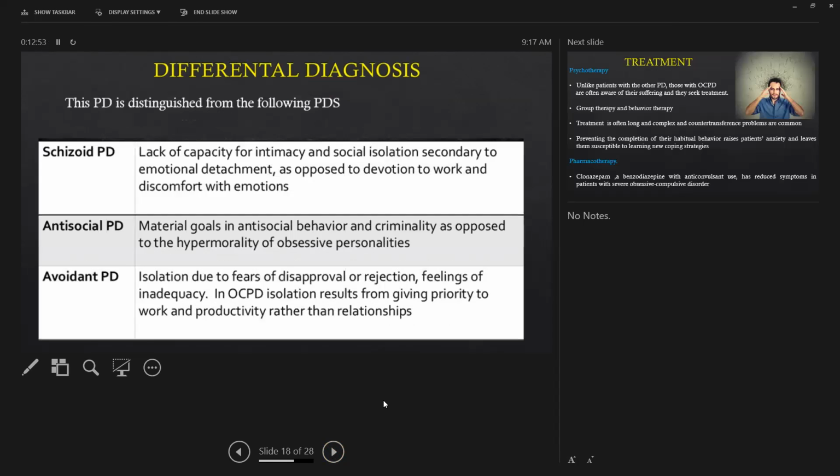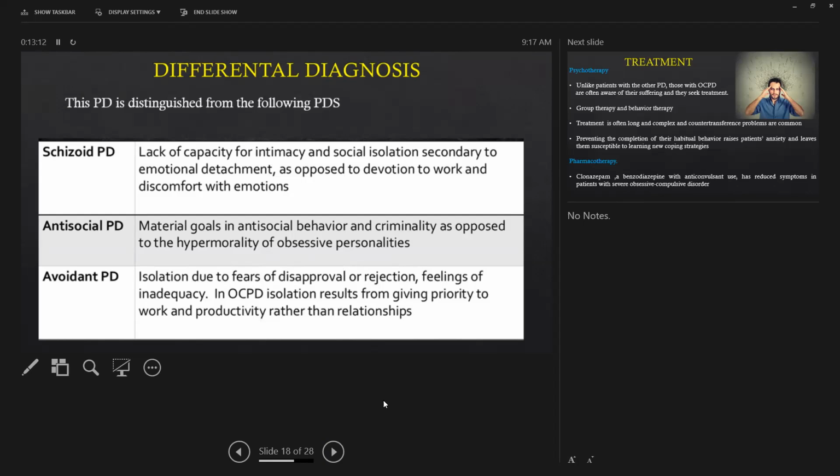Now, differentiating it from other personality disorders: in schizoid personality disorder, there is a lack of capacity for intimacy and social isolation secondary to emotional detachment, as opposed to devotion to work and discomfort with emotion.